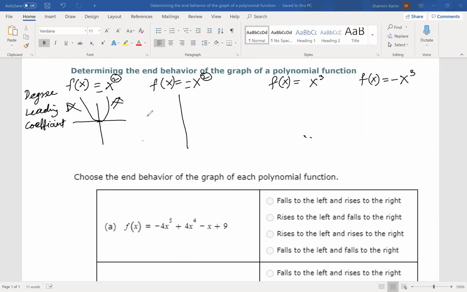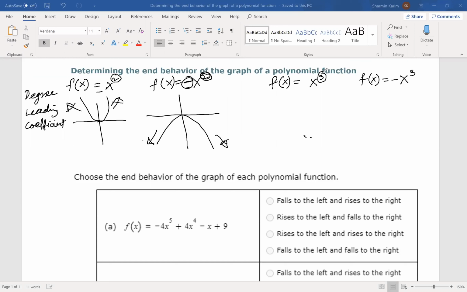If we graph an even degree and a negative leading coefficient, then the graph looks like this, which means it falls to the left, falls to the right.